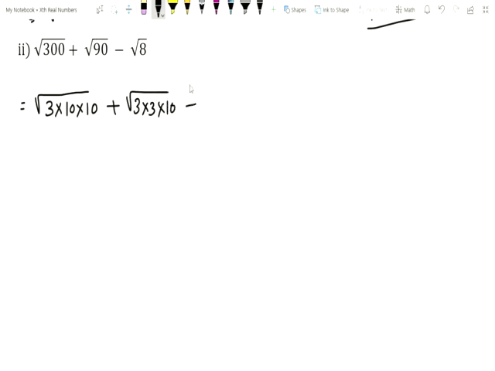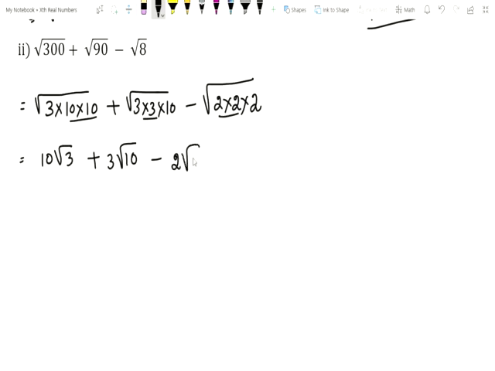Minus root 8. How do you split this? 2 into 2 into 2. Okay. Here 2 tens are there, so take it out: 10 root 3. Plus here 2 threes are there, take it out: 3 root 10. Minus here 2 twos are there: 2 root 2.